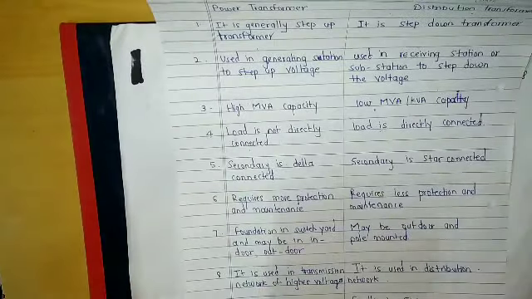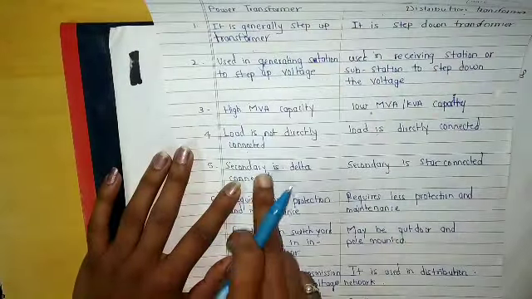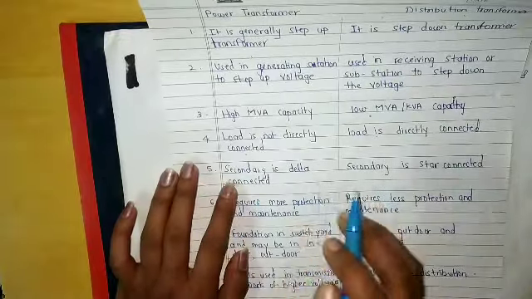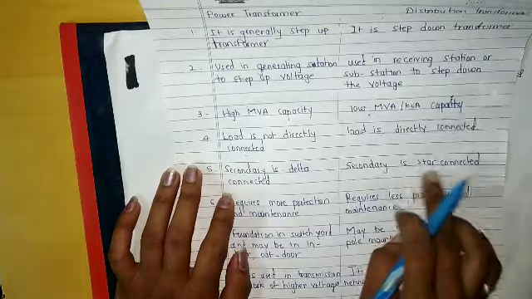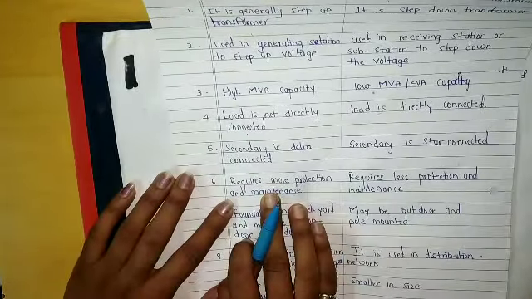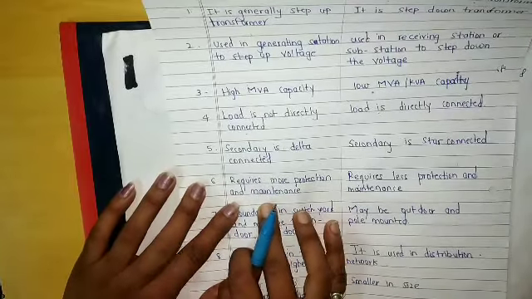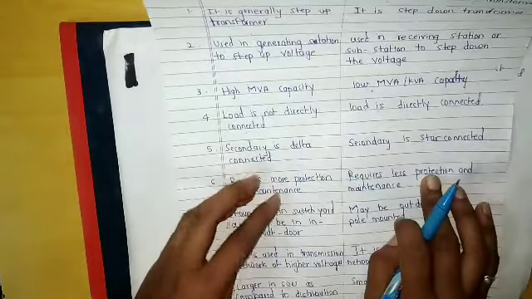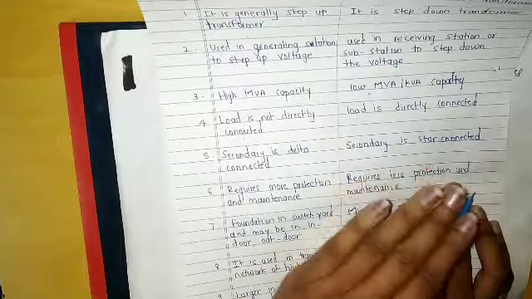So we have seen the different connections. In power transformer, the secondary side is connected as delta connection, and in distribution transformer the secondary is connected in star connection. Power transformer requires more protection and maintenance, and distribution transformer requires less protection and maintenance.